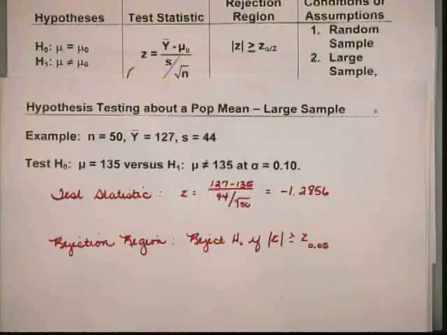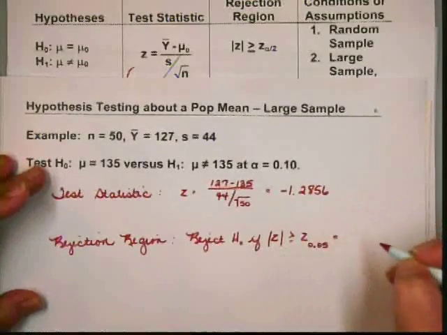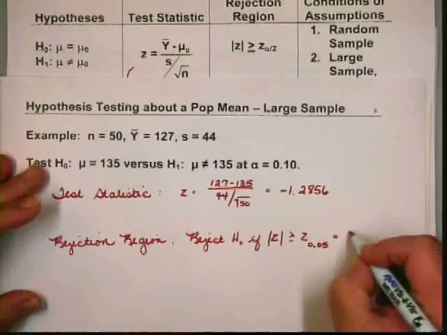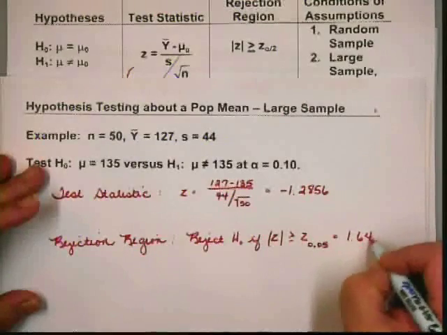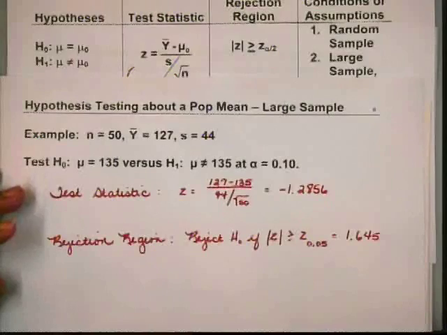What critical value do you come up with? We have 1.645. Do you agree?